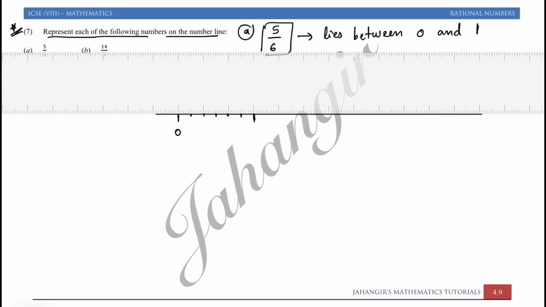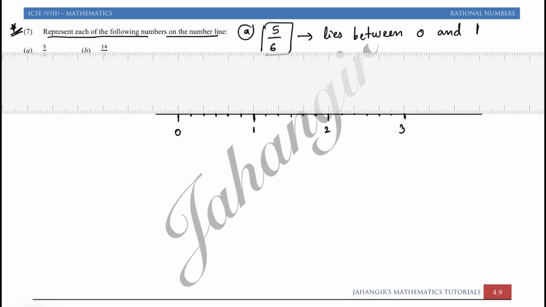So if this is 0, this can be 1. Then again 1 by 6, 2 by 6, 3 by 6, 4 by 6, 5 by 6, and 6 by 6, this will become 2. 1, 2, 3, 4, 5, 6. You have to write some extra numbers also. I am done with this.